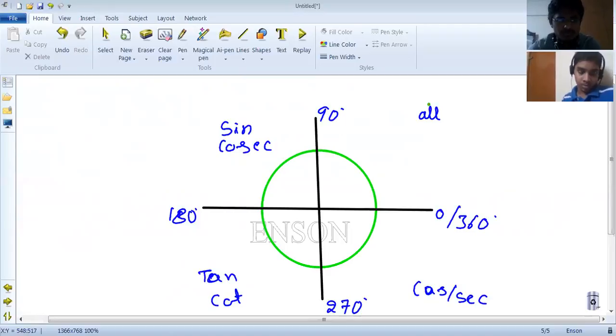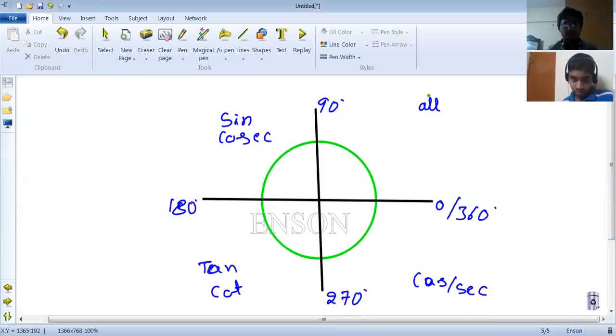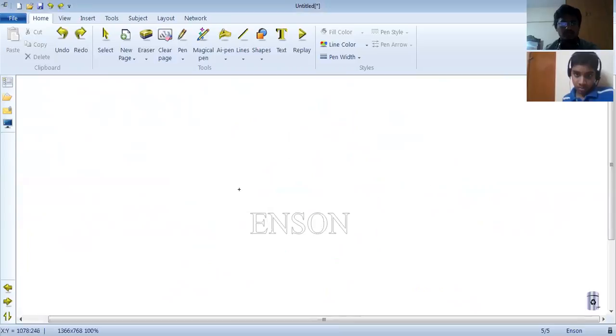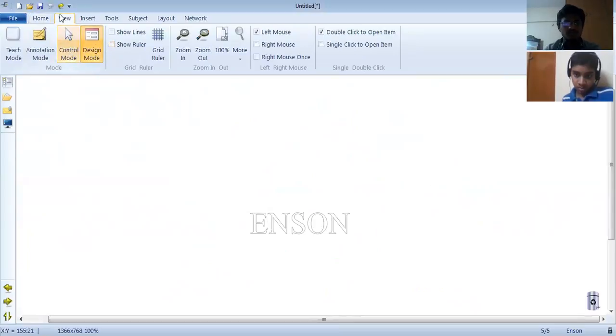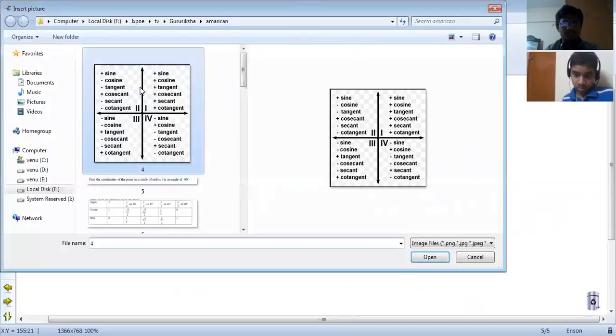So that will be easy. Try to remember this way, or let me upload one figure here. So here I'm just removing everything. Now I'm uploading one figure. So actually that is the unit circle representation.